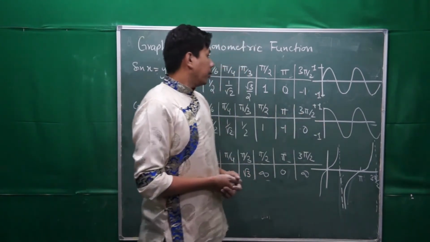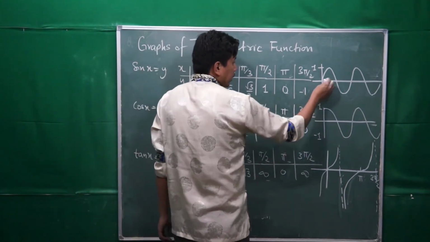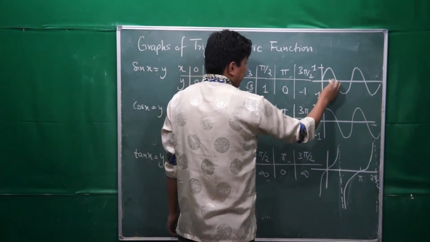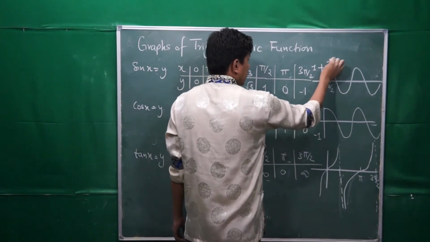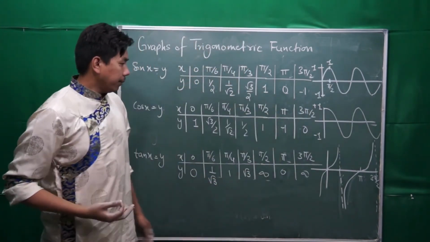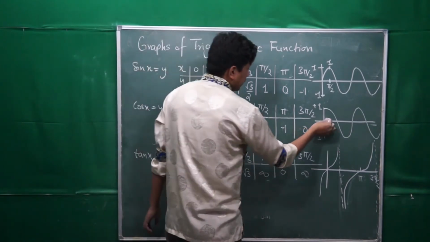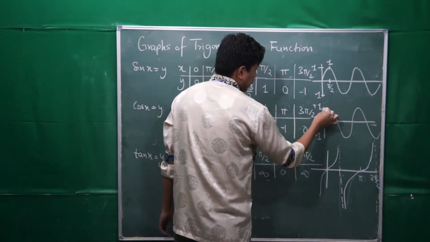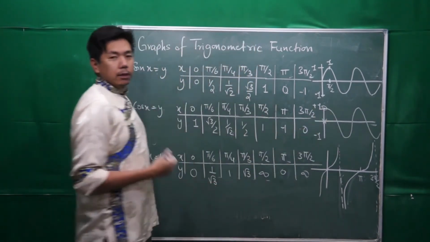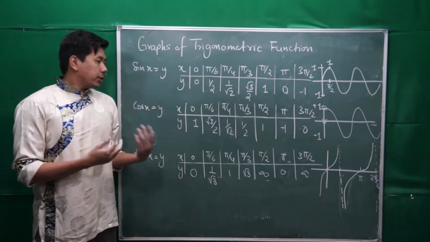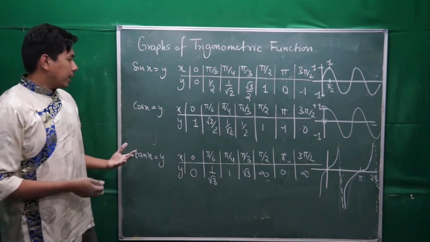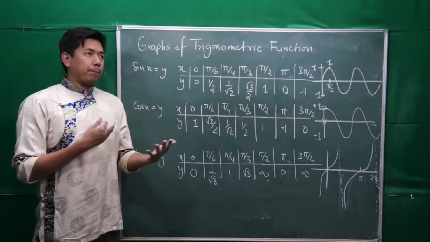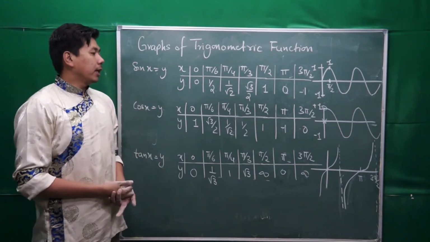What I mean is, at pi by 2, the value of sine is 1, but at 0 in cos x, the value is 1. So as you can see, sine and cos have a difference of pi by 2. Clear?